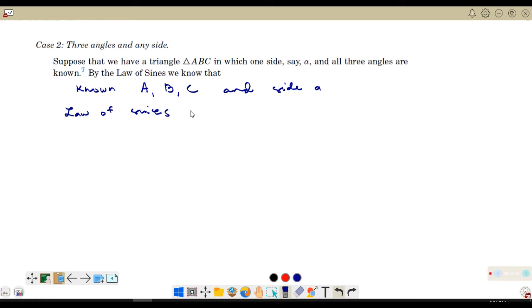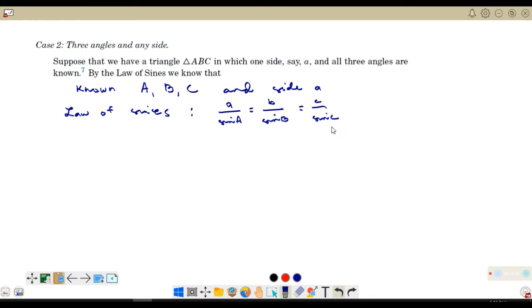So, si law of sines, ang sinasabi niya ay the ratio of side A over sine A is equal to the ratio of B over sine B, which is equal to the ratio of C over sine C. So, known daw yan lahat. So, known daw si sine A, si sine B, tsaka si sine C.